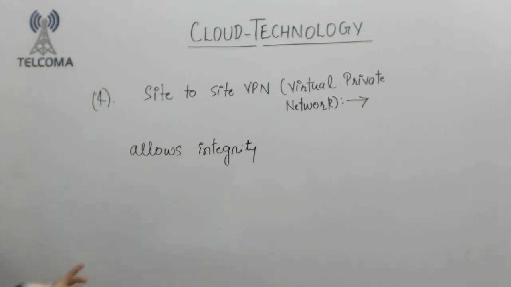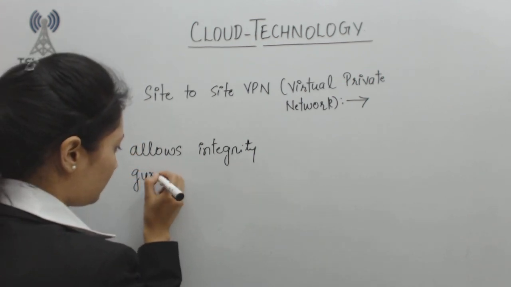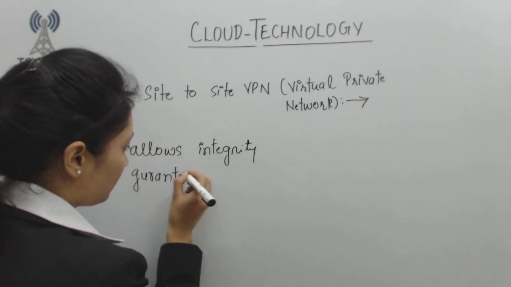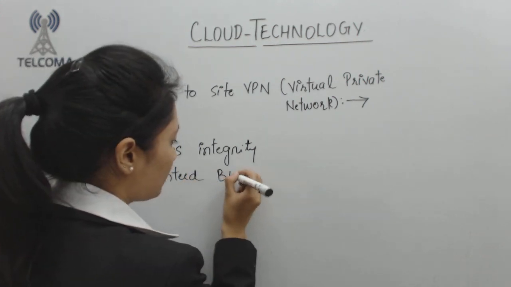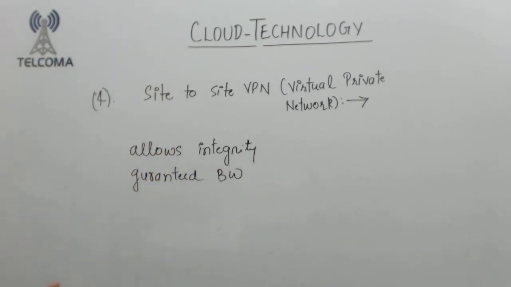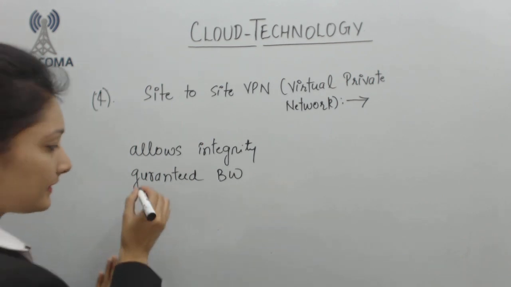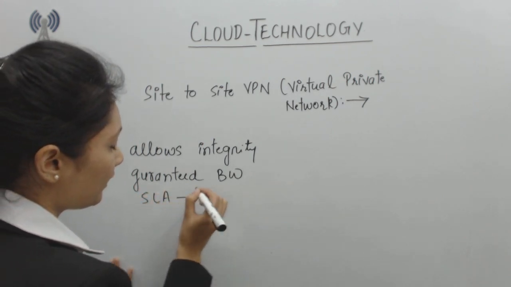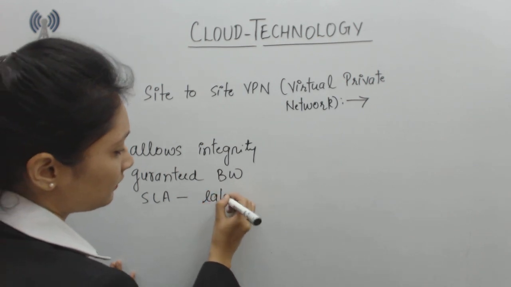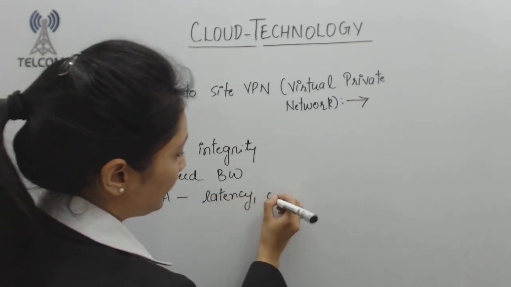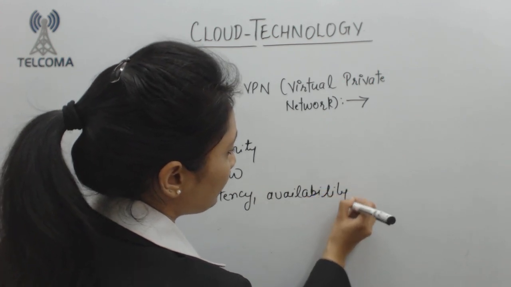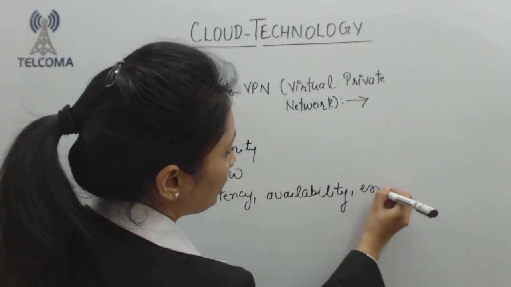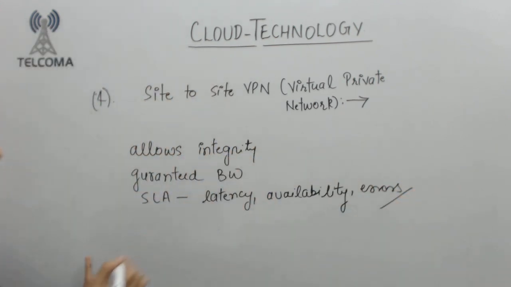After that, what we get is guaranteed bandwidth, and an SLA, that is your service level agreement, for latency, availability, and other errors in the network.